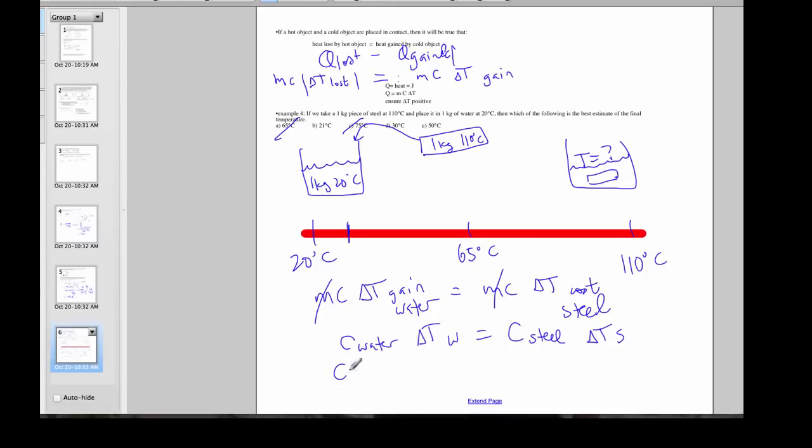Since C water over C steel, no, let's not write it that way. Sorry. Oops, come on, eraser, don't let me down now. There we go.